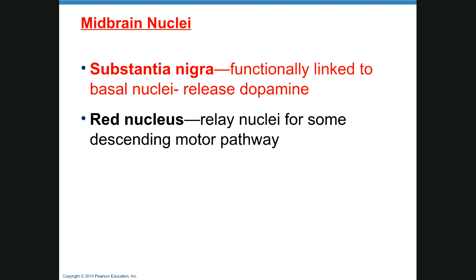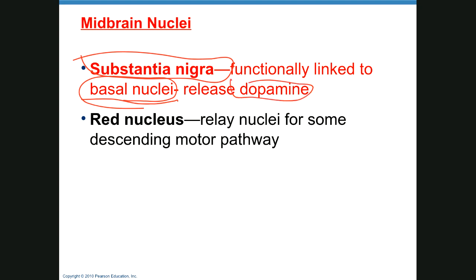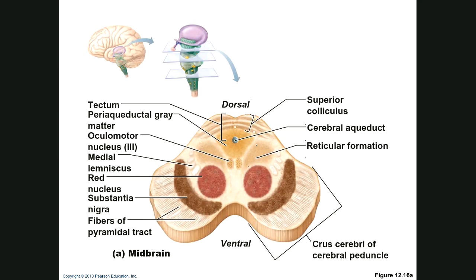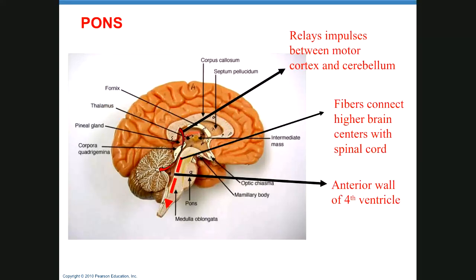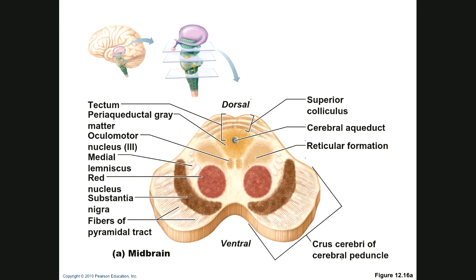And this is a nuclei, meaning this is going to be bodies of neurons, and these are part of the basal nuclei. So these are the neurons that secrete dopamine. Their axons are going to travel from the substantia nigra all the way up through the thalamus into the basal nuclei of the cerebrum and release dopamine on the basal nuclei of the cerebrum, the lentiform nuclei and the caudate nuclei.